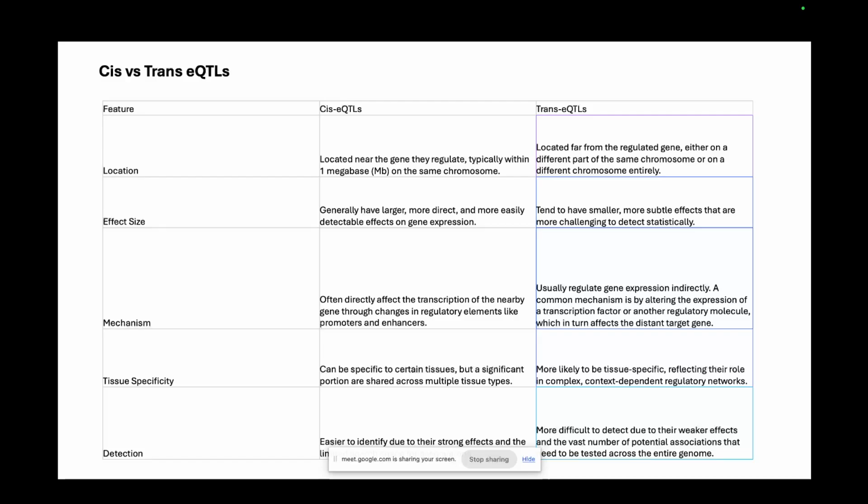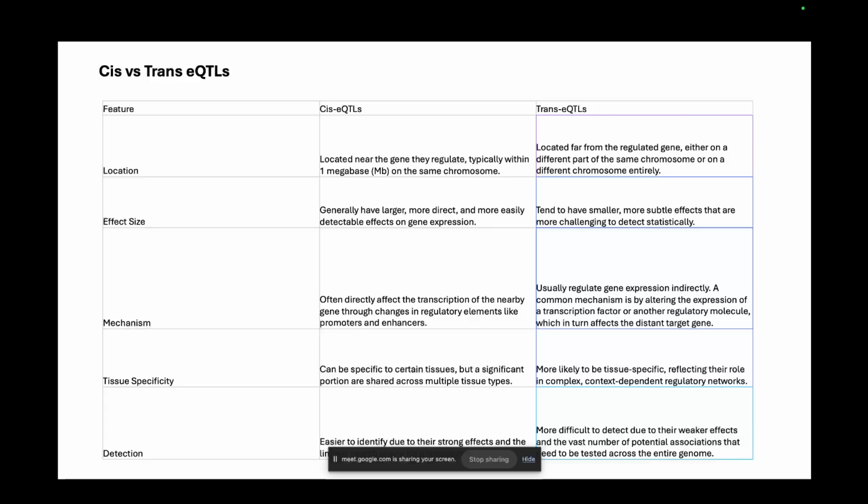So next is the effect size. Effect size is basically the impact that a particular variant has on the gene expression. For example, statistically speaking, if the effect size, or the beta, is say 2, it means the presence of the QTL drives the gene expression twice as much as earlier.